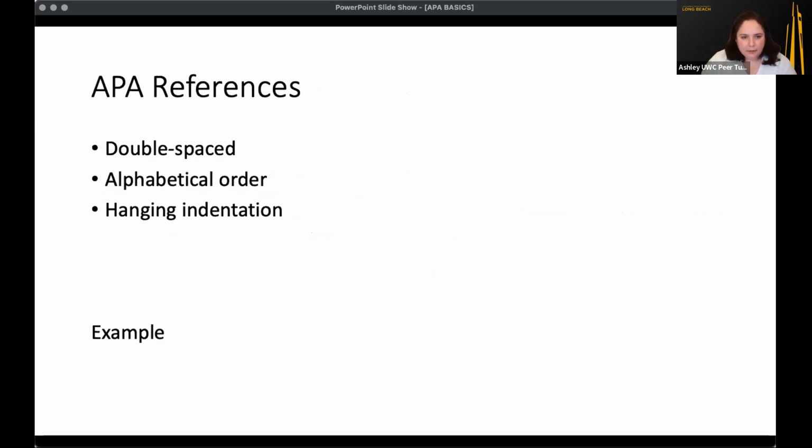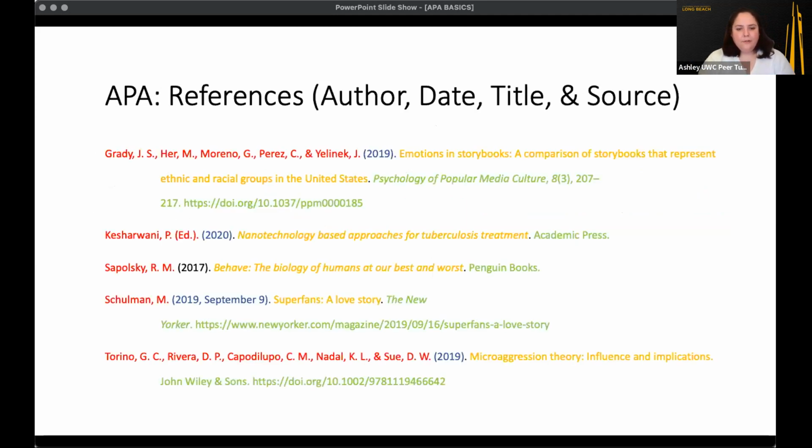All right, so to sum it up: double space, alphabetical order, hanging indentation. And here's an example of how it would look in your paper.